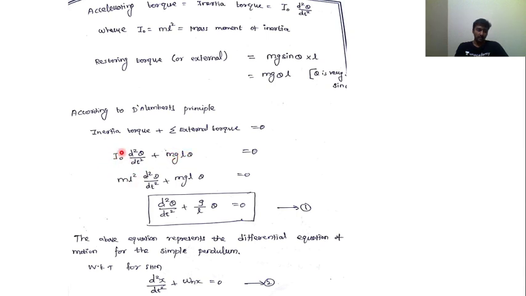Now we know that I is equal to mass into radius of gyration square, m L square. Substitute the I value, then divide both sides by m L square.